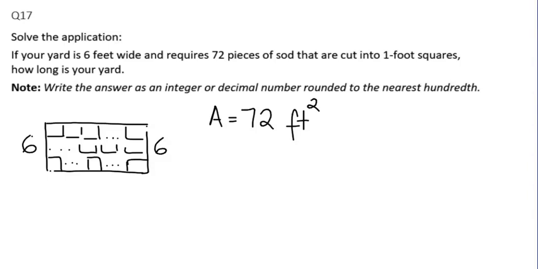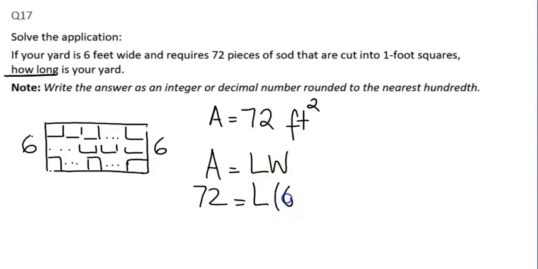How do you find the area of a rectangle? Area is length times width. Area is 72. The length is what I want. How long? I do not know. L. What is the W? 6. How do I solve for L? Divide by 6 on both sides.